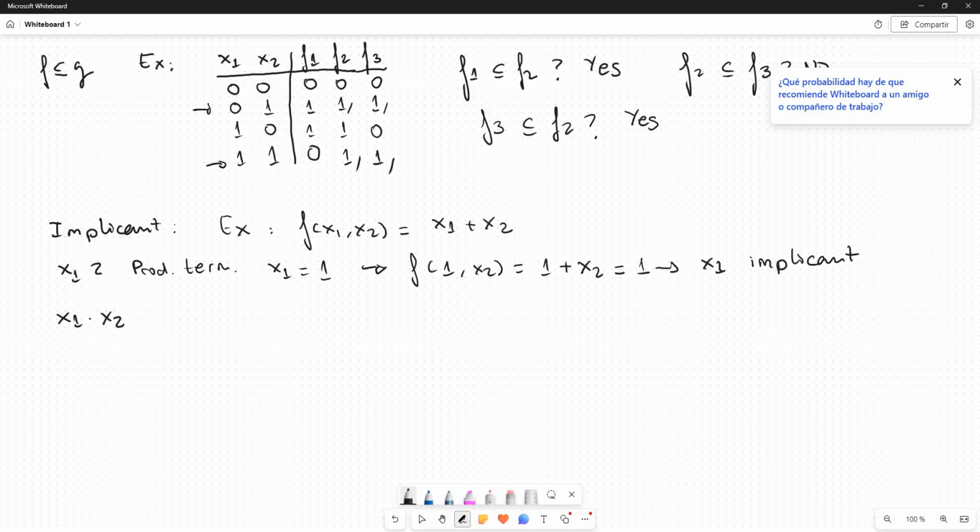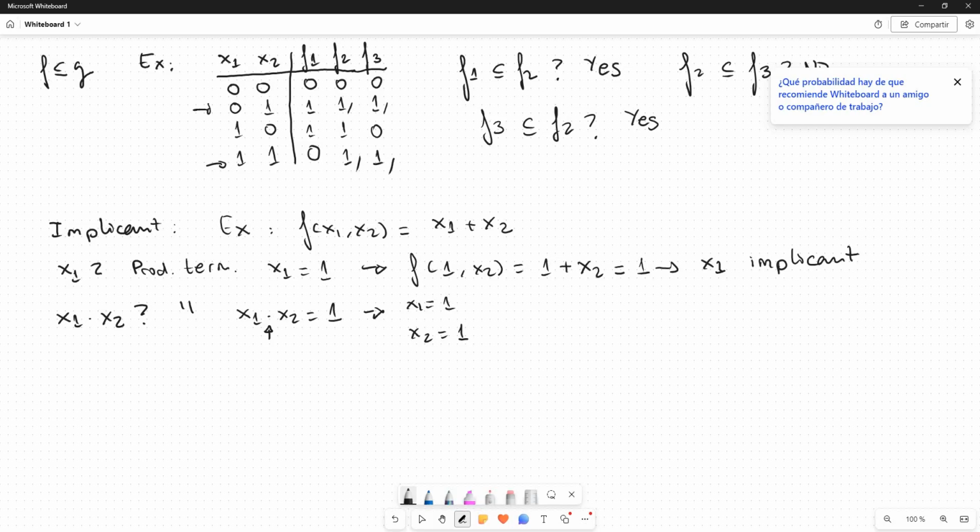Is x1 multiplied by x2 an implicant? It's a product term. So we fulfill the first condition. It's a product term because it's a product of literals of the function. So this product term is 1 only if x1 is 1 and x2 is 1, because it's an AND gate.